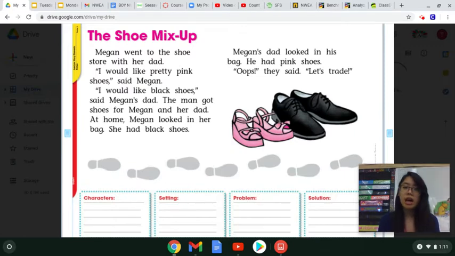We can tell about the story again in fewer words, and we can summarize and kind of just explain the story by just thinking about what we read, and we can just talk about it. So I know that in this story Megan and her dad were looking for some shoes.